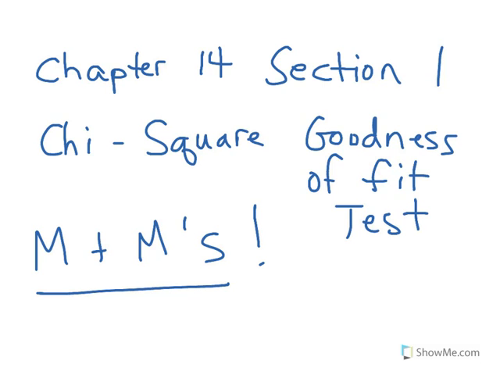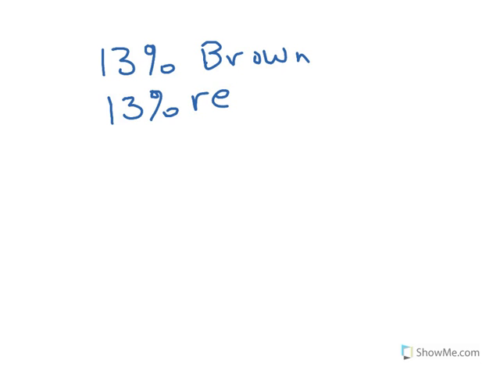So assuming that you've read this, you probably saw that in the case of the M&M's distribution, we are told that when they make M&M's, they make 13% of the distribution brown. They make another 13% red.